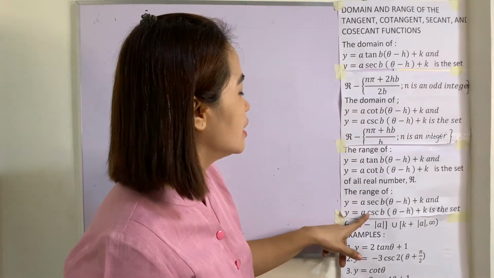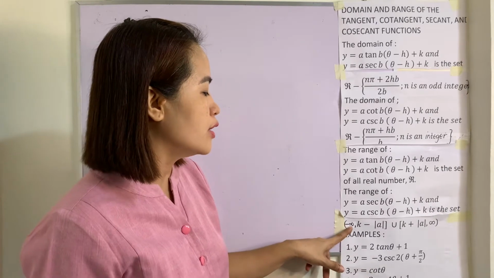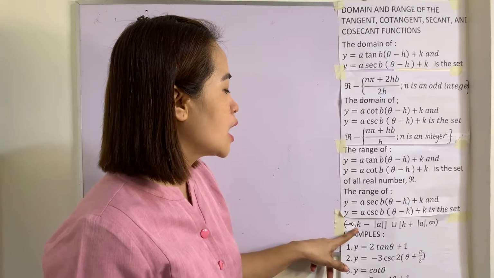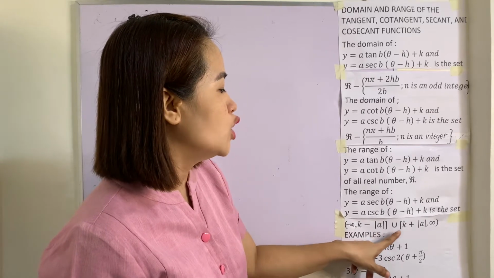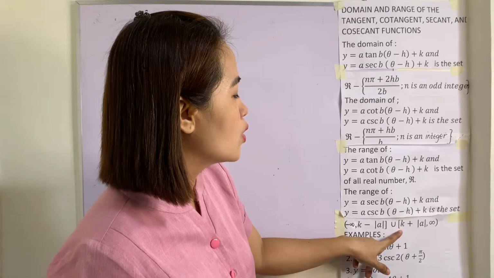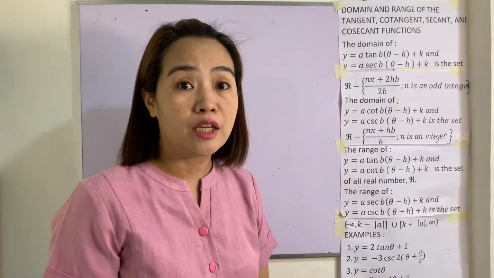For the secant and the cosecant function, the range will be negative infinity, comma, k minus the absolute value of a, union, of course, k plus the absolute value of a, comma, positive infinity.